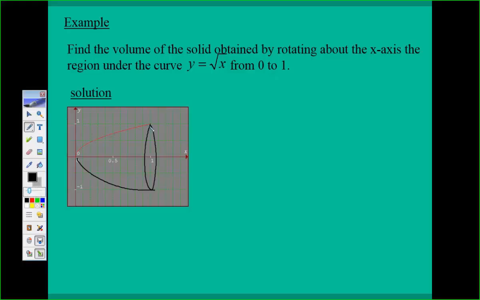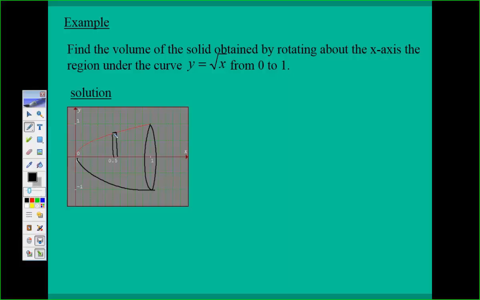Now what we are actually doing is, if we take and find this cross section that's perpendicular to the x-axis, and then we're going to rotate that around the x-axis, that would give us the volume of just that piece of our object.